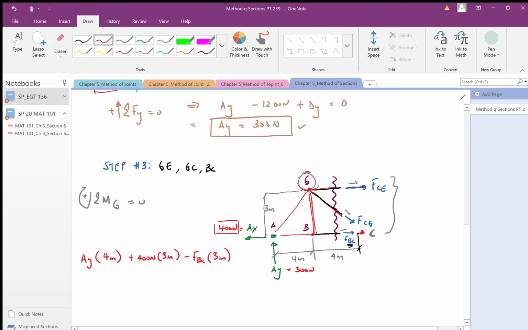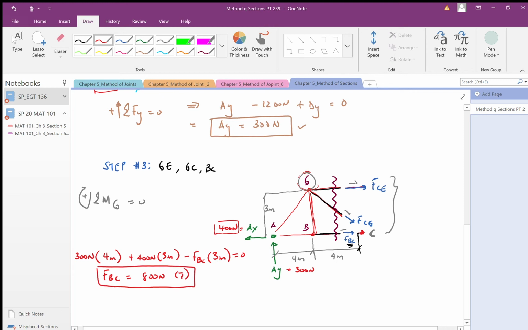Again, my AY is nothing more than 300, and this equals 0. So my FBC happens to be 800 newtons, and that's going to be in tension.